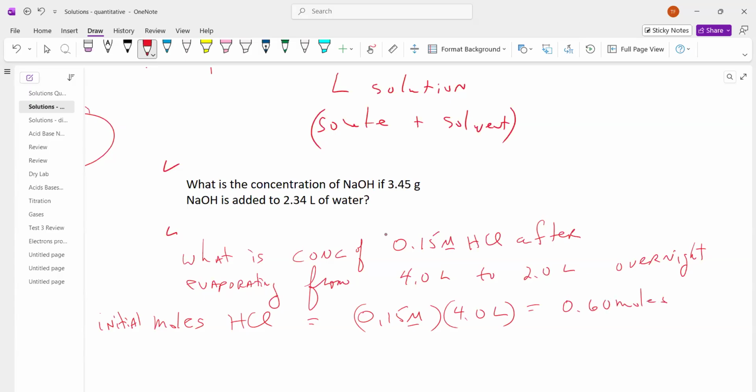That's going to be 0.6 moles of HCl. Now, what's our final volume? Final volume now is 2 liters, right?